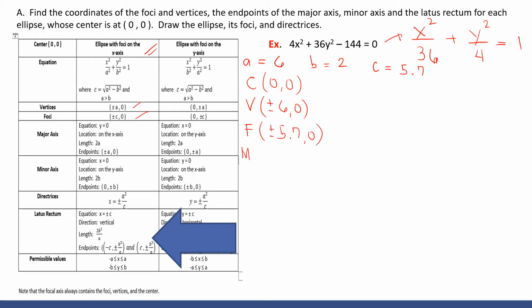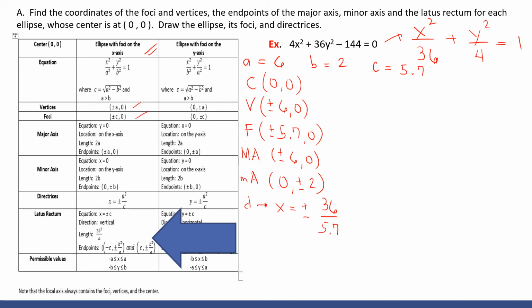The major axis endpoints, we have plus minus a, which of course is plus minus 6 and then 0. For the coordinates of the minor axis, we have 0, then plus minus b, of course plus minus 2. Okay? And then directrices, x equals plus minus a squared over c, that is 36 over 5.7, or 36 divided by 4 square root of 2.